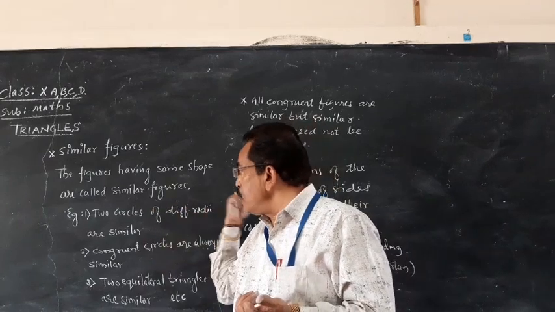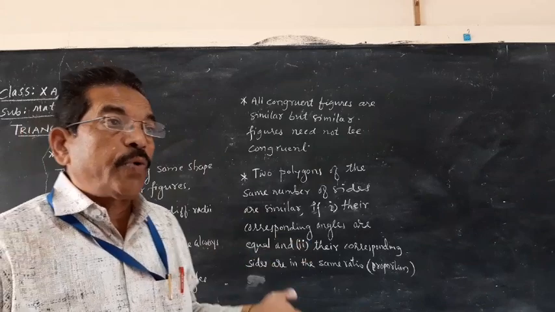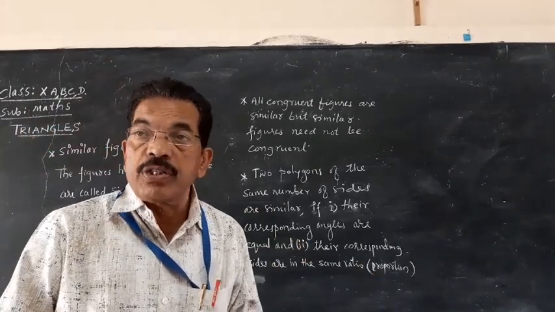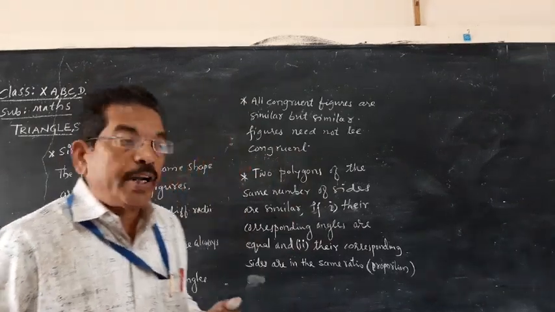Similar figures: two circles of different radii are also similar figures, two squares of different lengths are also similar figures, and two congruent circles are also similar figures.